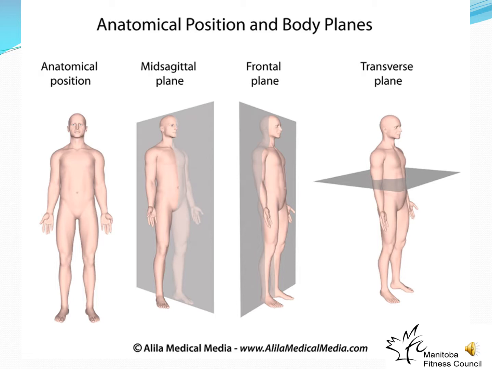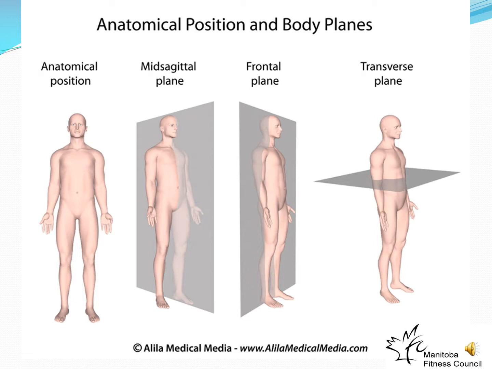So walking would be considered moving in your sagittal plane. You'll see in a moment that movements such as flexion and extension occur in the sagittal plane. It allows front and back movement. Picture it like a sheet of glass and he has to move along that plane.